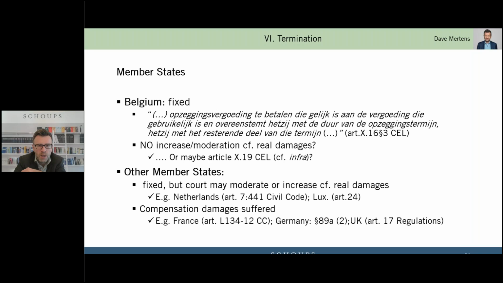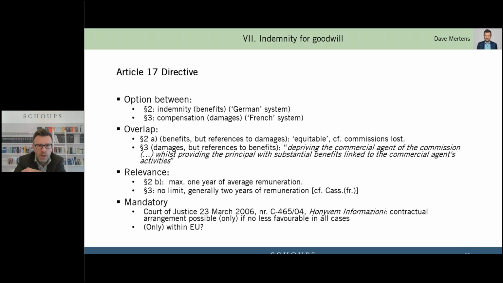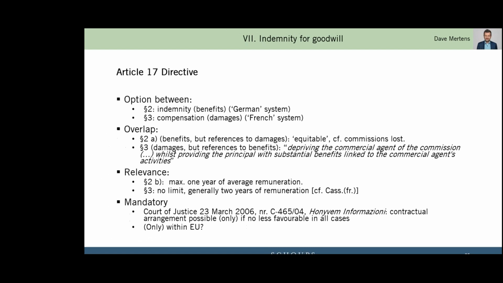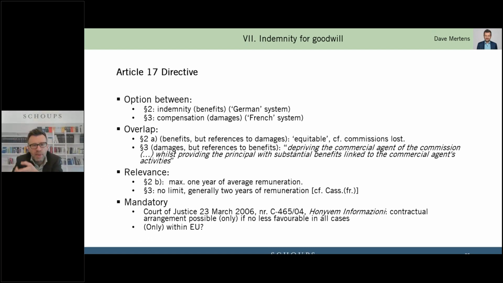And then we come to what I think is the most interesting and, litigation-wise, the most important issue: indemnity for goodwill, the indemnity for the client base that the agent has generated and which will continue to yield benefits for the principal after termination. Because the idea is that this commercial agent works for someone else and is selling someone else's brand.